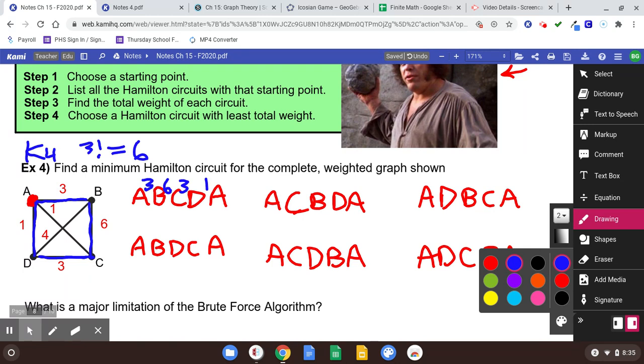So that's 9, 12, 13. That particular circuit has a weight of 13. Then look at AB is 3, BD is 4, and then from D to C, that's 3, and from C to A is 1. If you add those up, that's 7, 10, that's 11.